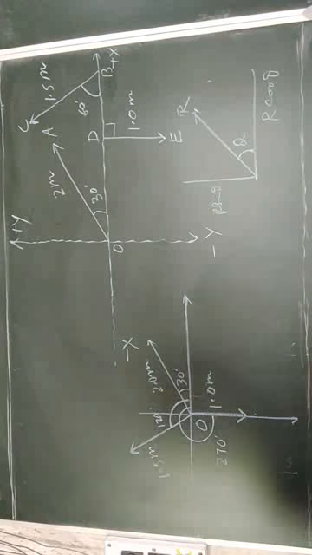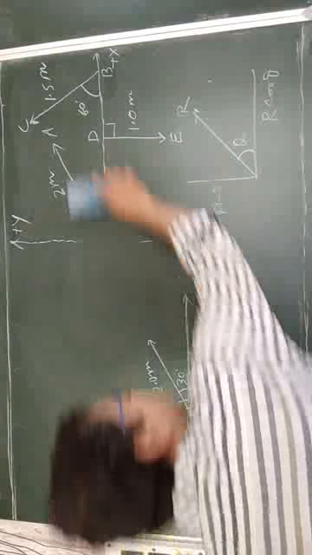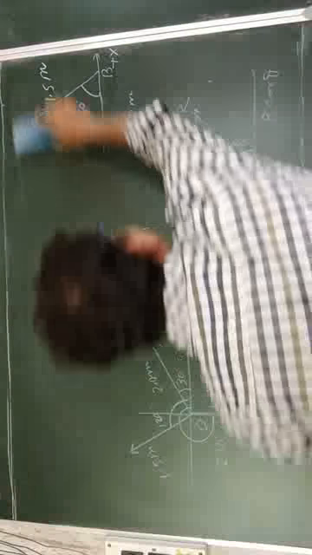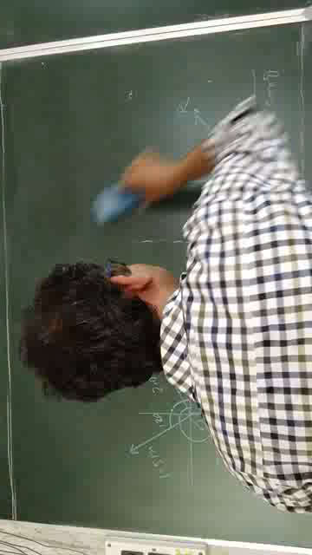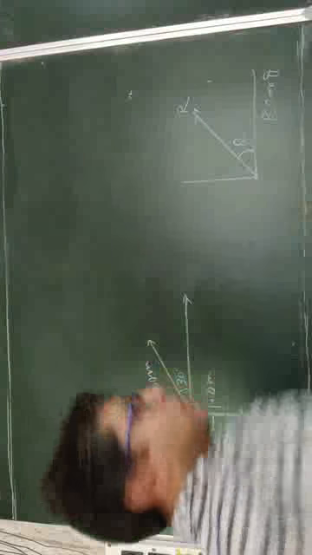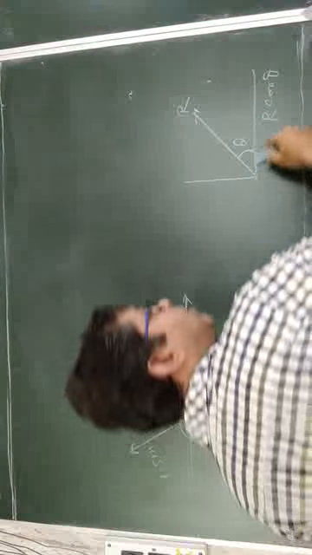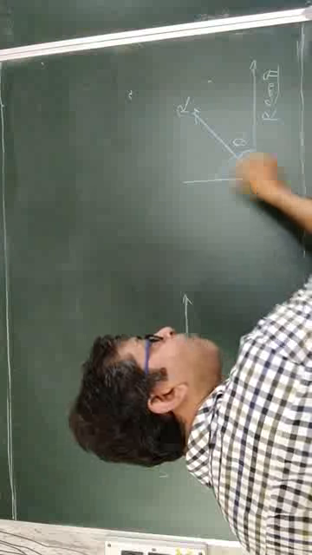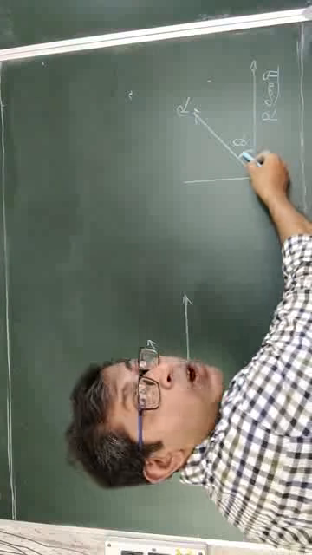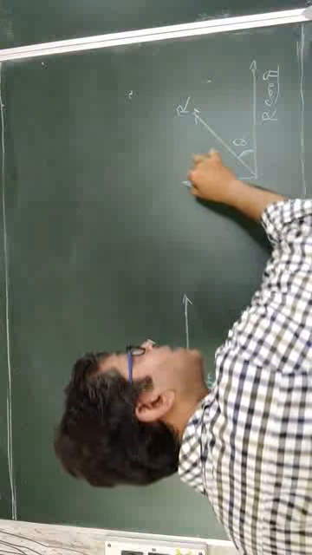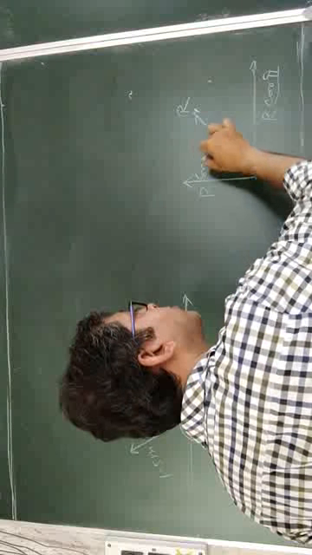Now you have to resolve the vectors into perpendicular components. As you know that the component which is adjacent to theta is cos, and the away component, which is not in contact with theta, that component is sine.